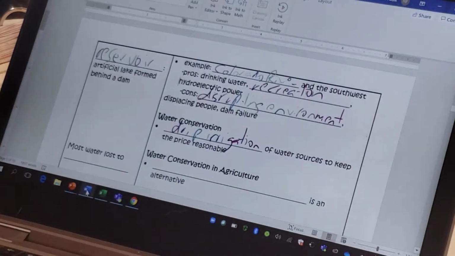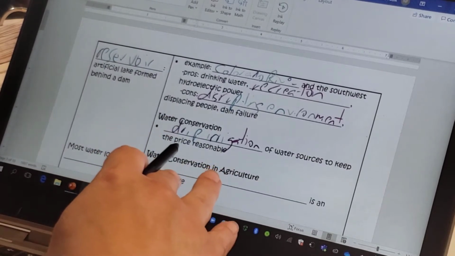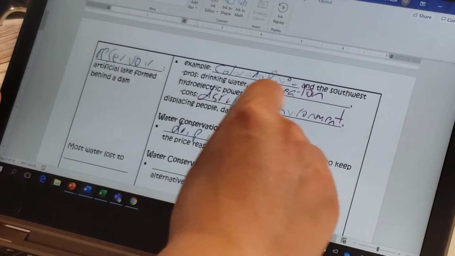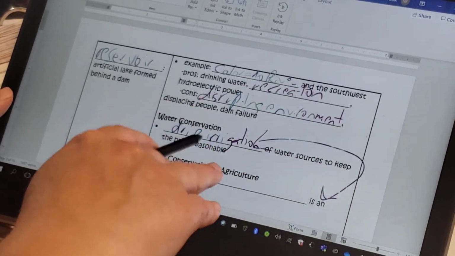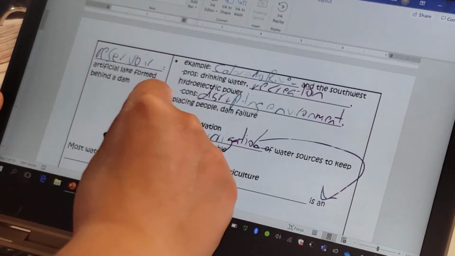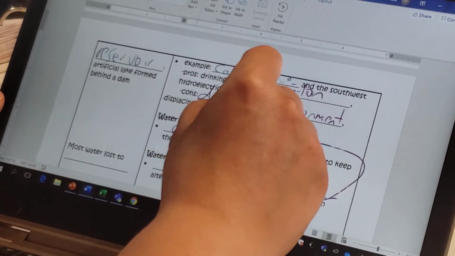Okay? All right, so water conservation in industry. In agriculture. All right, so there's drip irrigation. I made a boo-boo. Drip irrigation is supposed to go down here, you guys. I'm so sorry. Okay, so drip irrigation is an alternative. Apologies. And up here, you've got slow.